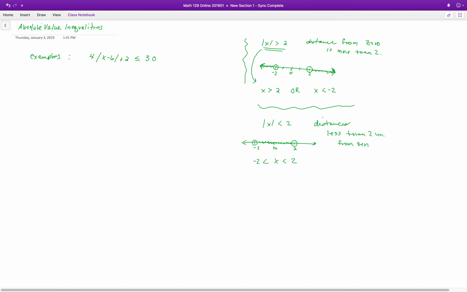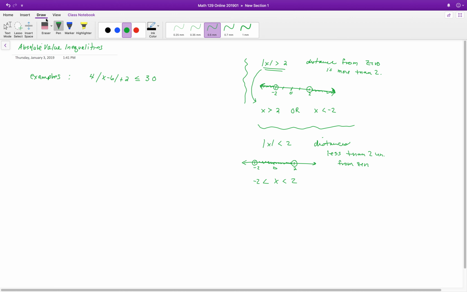Another way to look at this would be to say, focusing here on, I'm just going to change color, if we look at this piece of the statement, we could say x is less than 2. And looking at the other piece of the statement, x is greater than -2.